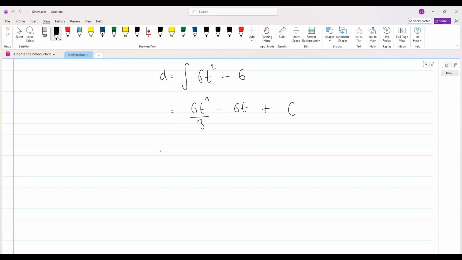So cleaning this up, we'd have equals 2t cubed minus 6t plus c.